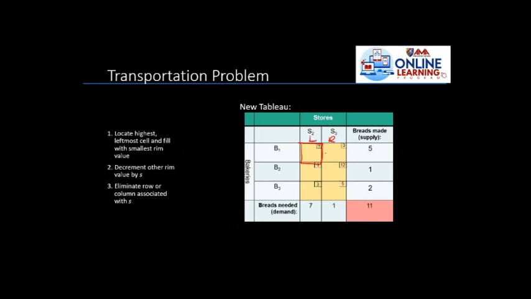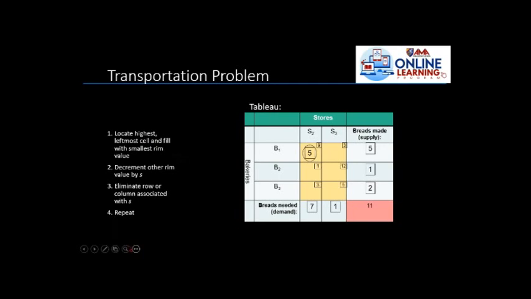Tama? Then, ito yan. So, okay na to. Next is fill with the smallest rim value. So, ano yung rim value na katapat niya in terms of row? Ito. Sa column naman, ito. So, sino mas maliit? 5. So, anong ilagay dito? 5. So, 5 ang ilagay dyan.